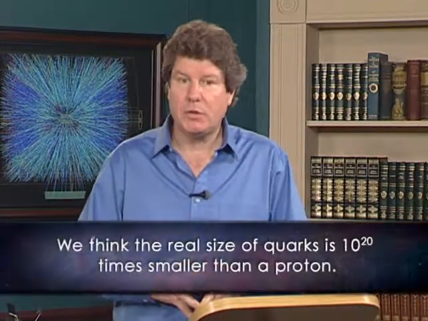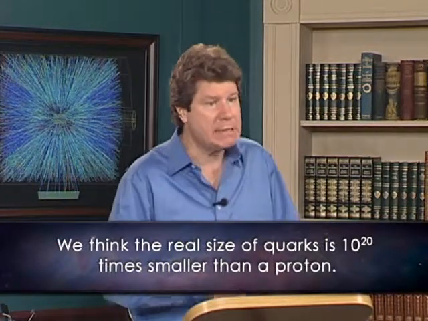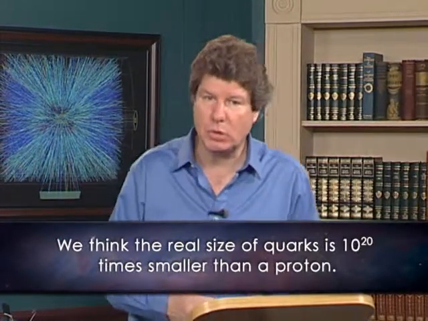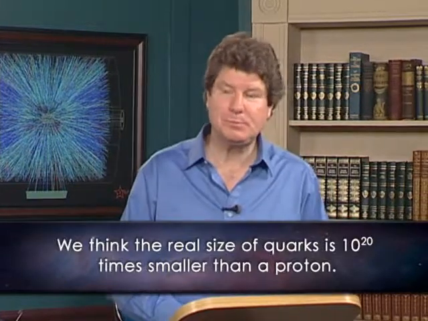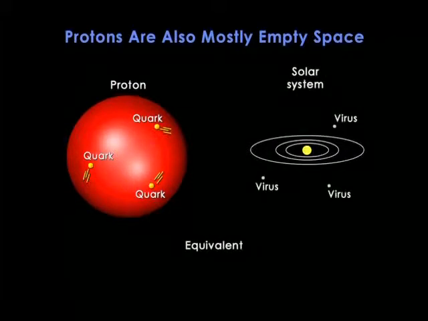For reasons I don't have time for just now, we think that the real size of quarks is a mind-boggling 10 to the 20 times smaller than a proton. So 3 quarks zooming around inside a proton is like 3 viruses zooming around inside the solar system. There's plenty of room to cram the quarks more tightly together.